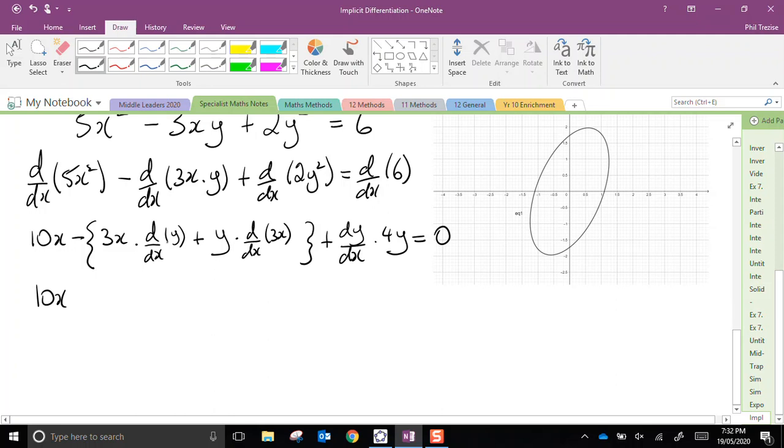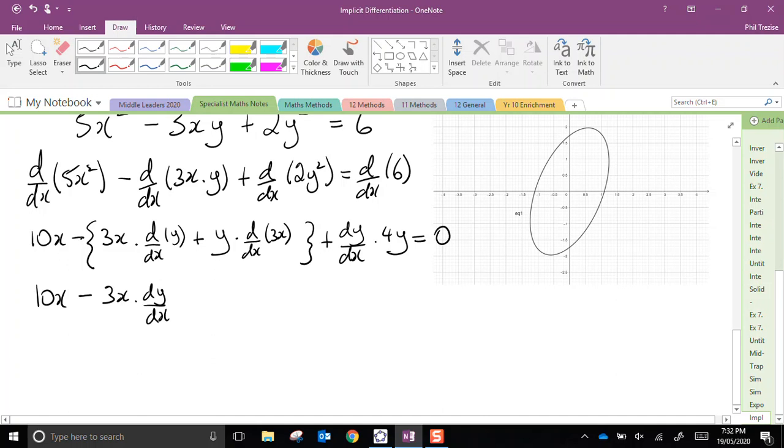Now, what's our first term? Well, implicit differentiation of y. Derivative of y is 1, but remember we have to introduce the multiply by dy dx factor. It's literally the way it's written there. It is derivative with respect to x of y. It is dy dx. So this first part is minus 3x dy dx.